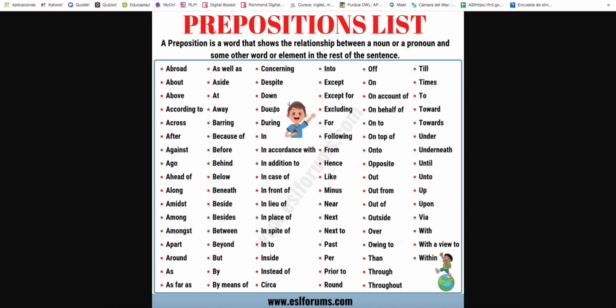So we are going to check really fast the meaning of some of these prepositions. For example, what is the meaning of abroad? What do you think? A través. No, it's not a través. What about abroad?